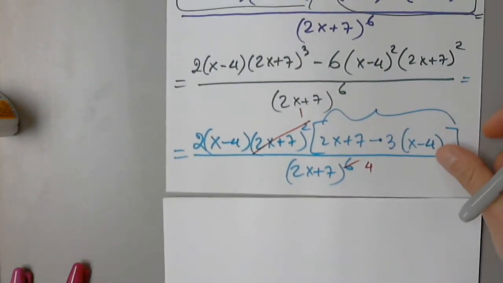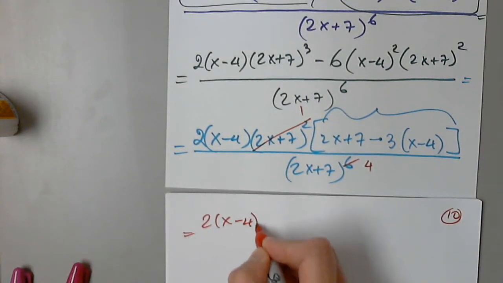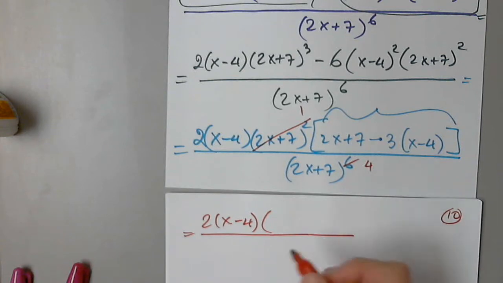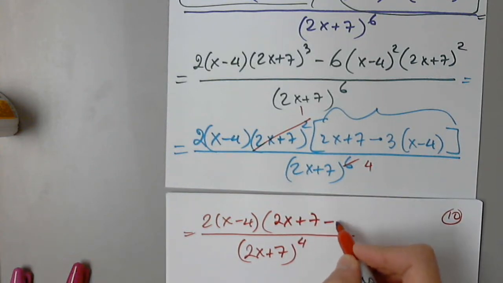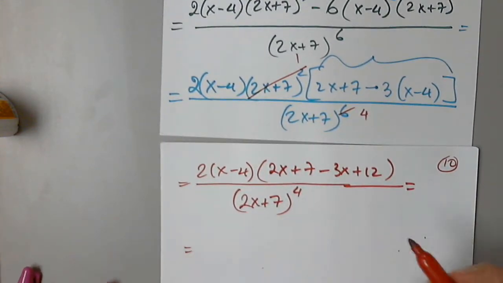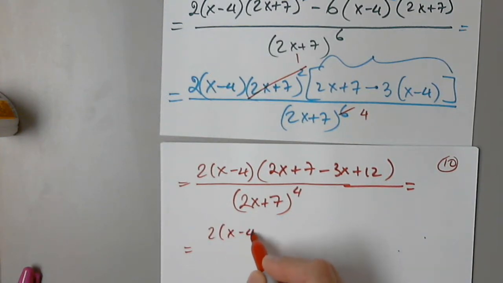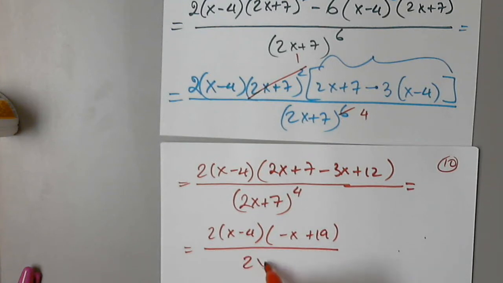So 2 quantity x minus 4. We'll see in a minute what is left there. And then 2x plus 7 to the 4th power. I have a 2x plus 7 minus 3x plus 12. And now we combine like terms. So 2(x minus 4)(negative x plus 19) divided by (2x plus 7) to the 4th.